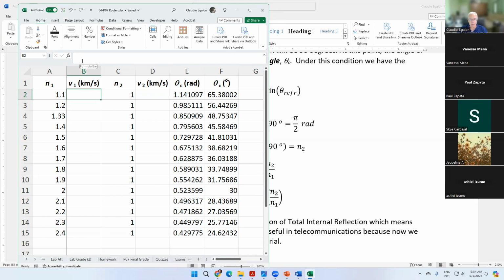Okay. So how does it go? The equation for the velocity in the medium is 300,000 divided by the index of refraction. Here is always going to be 300,000.